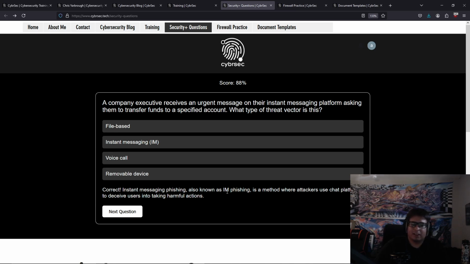Instant messaging phishing. I thought it was smishing, but I guess there's one more. IM phishing is a method where attackers use chat platforms to deceive users into taking harmful actions. Today I learned that there was another term.